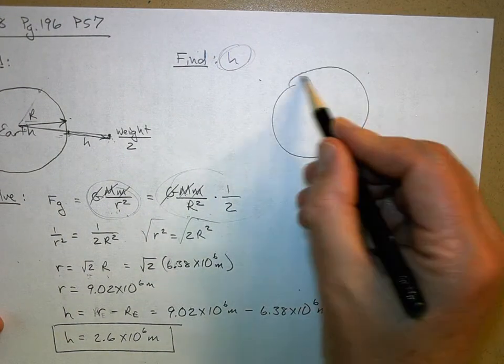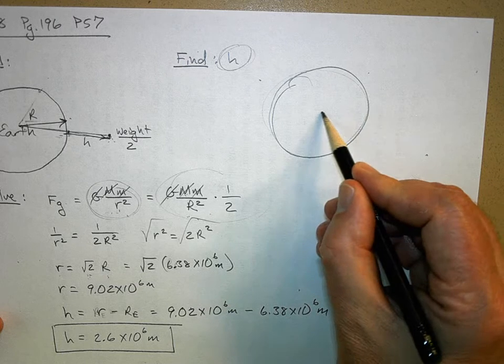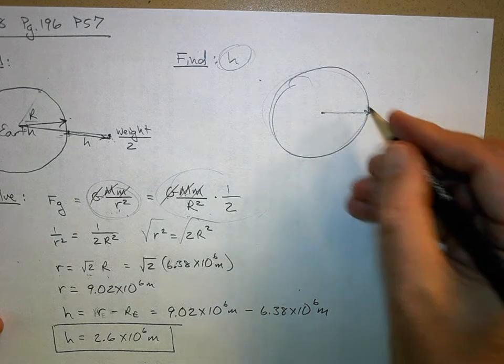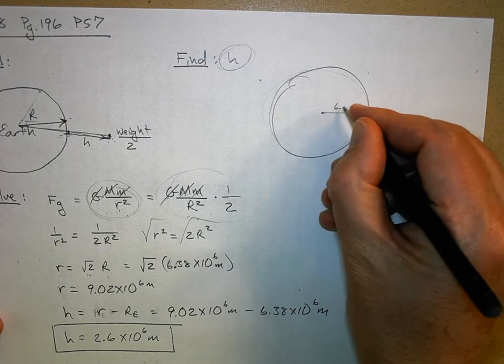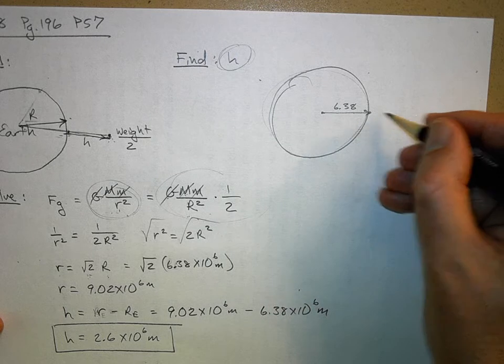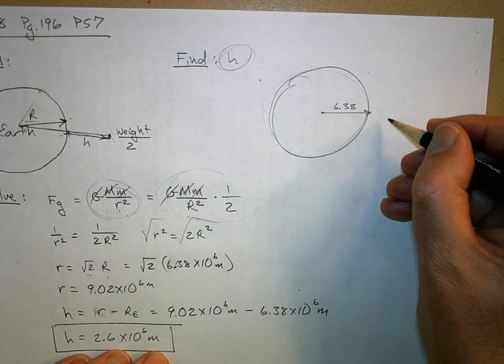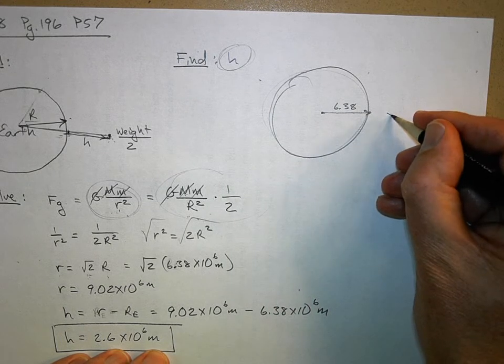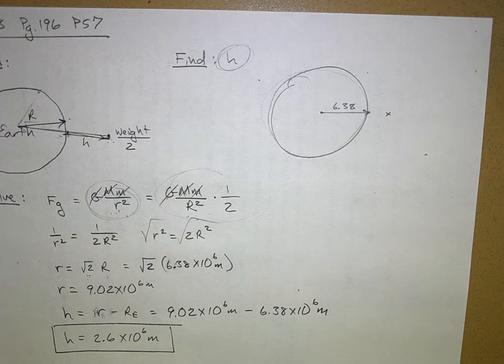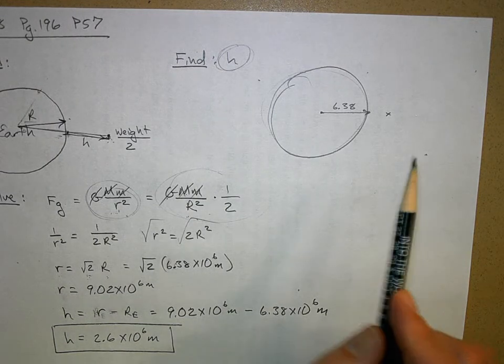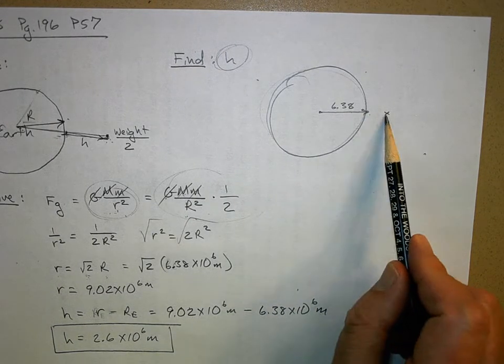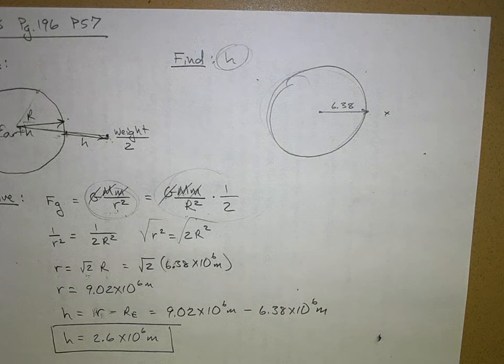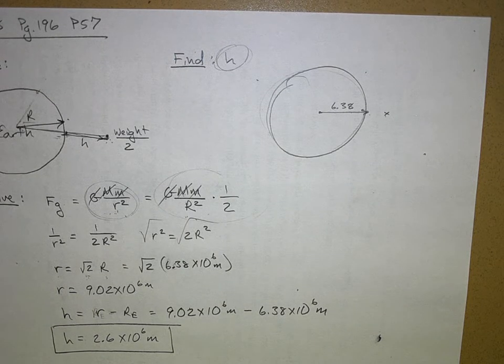If this is the Earth, and this is 6.38, well, you want to go another 2.6 out, which would be right about here. So if you want to weigh half as much as you do on the surface, you have to go this far out, relatively speaking. That's kind of interesting.